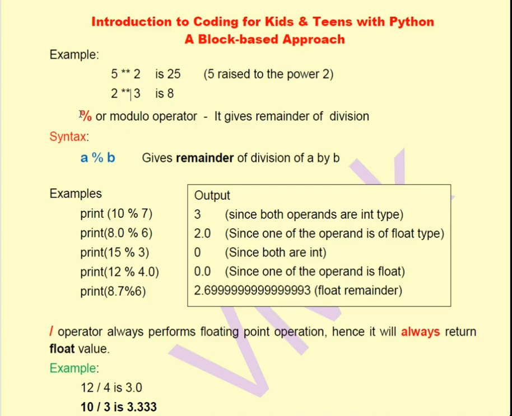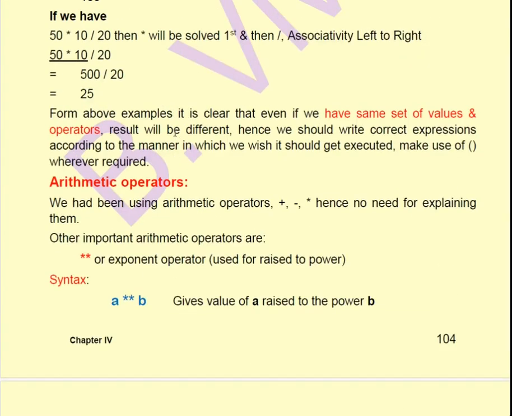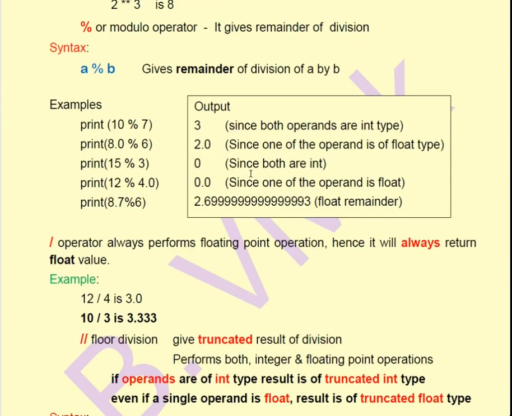Okay. Next, the percent or modulo operator. It is also referred to as the mod operator. It gives the remainder of the division. We had been using the slash operator, which gives us the quotient, whereas the percent operator, that is the mod operator, gives you the remainder of division.